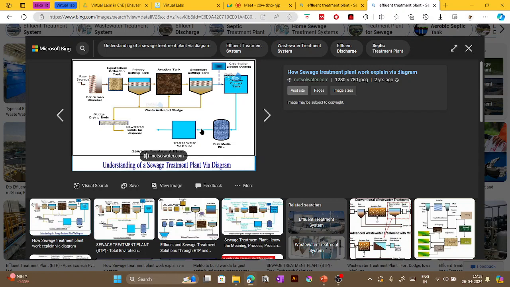So in that, primary treatment is to remove the solids which are insoluble or which are settleable, and then we do aeration to remove organic matter with the help of bacteria. And then depending upon how much contamination is present in the system, we will decide the secondary treatment.